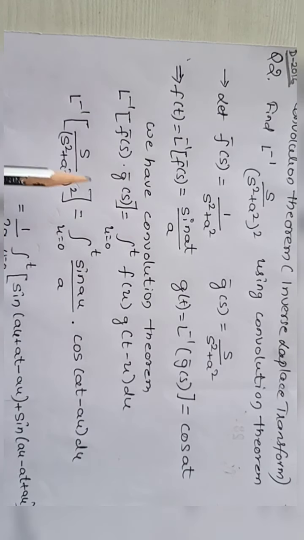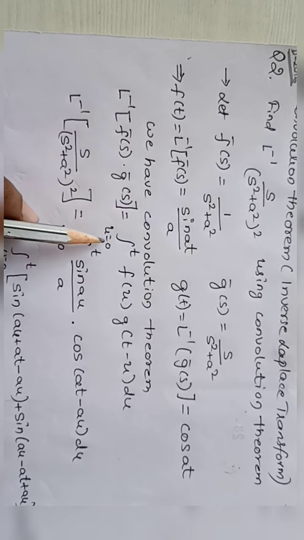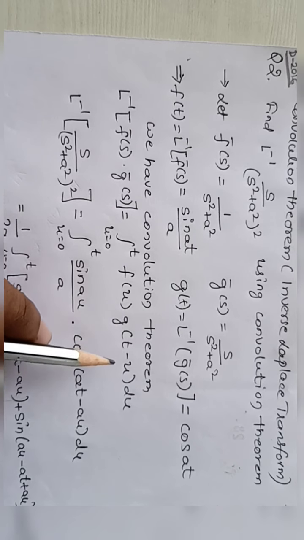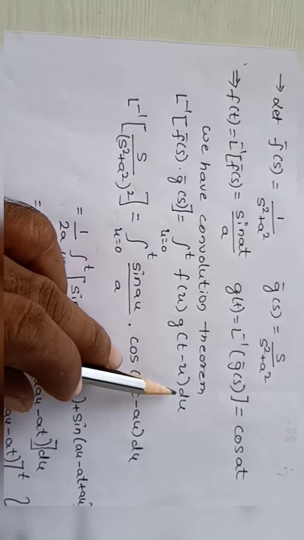So we have the convolution theorem. Laplace inverse of f bar s g bar s is equal to integration u from 0 to t of f of u g of t minus u du. This is the application.